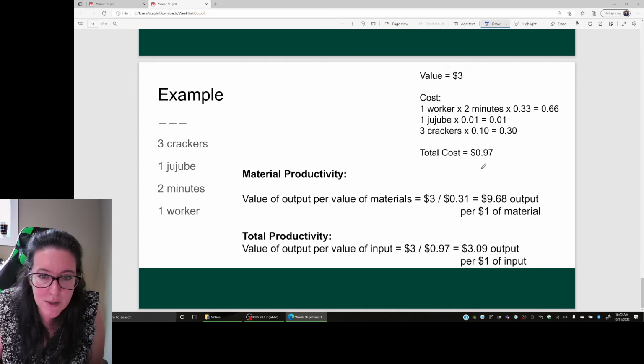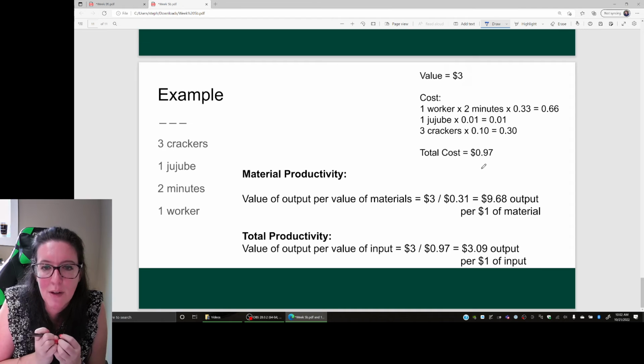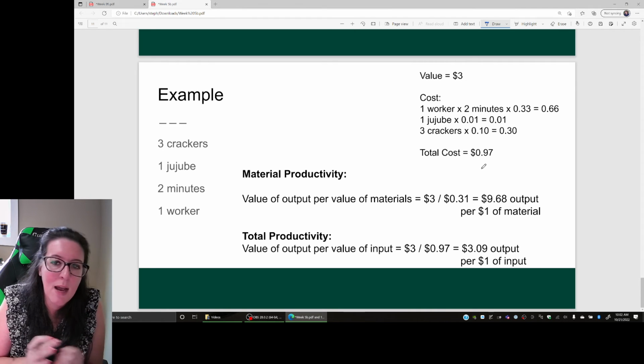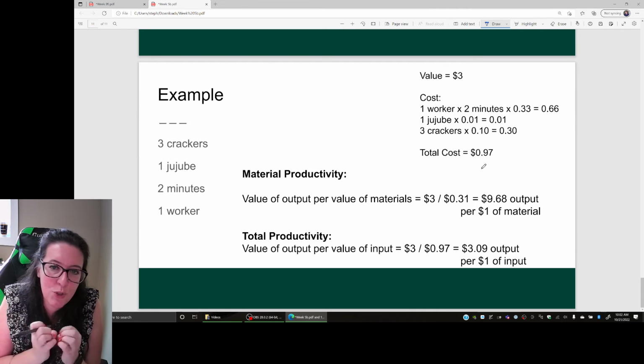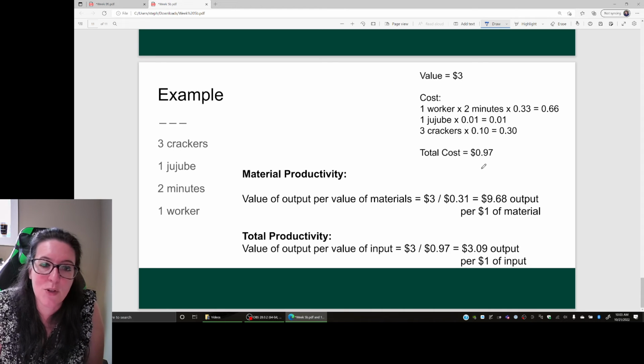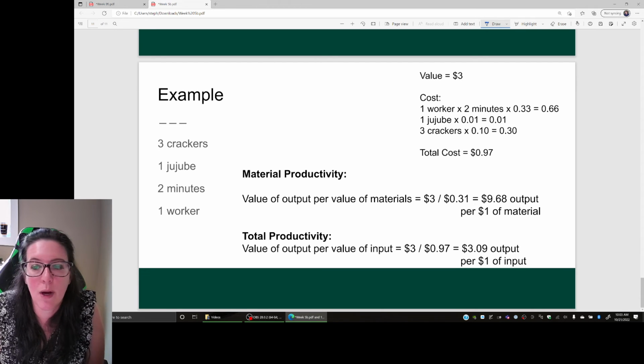We had crackers and a jujube, and we combine those together in terms of the 30 cents we had for the 3 crackers and the 1 jujube. So all of our raw materials together. Because we're combining crackers and jujubes, we have to look at it in terms of value. 1 cracker is not equal to 1 piece of candy. So we're looking here at bang for our buck. Here we're getting almost $10 worth of gingerbread houses for $1 of material.